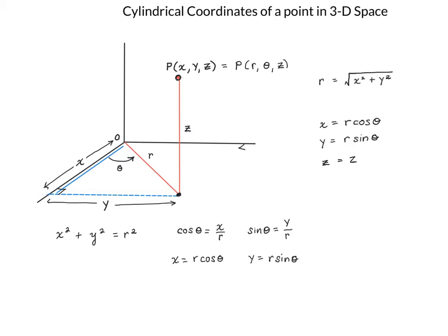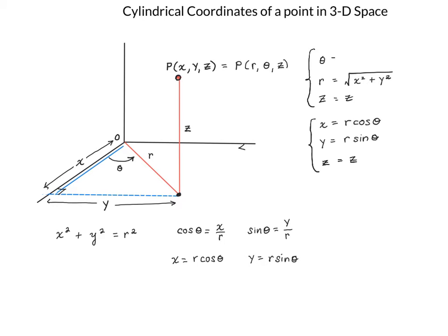And this means if we are trying to find our x, y, z coordinates using our r, theta, z cylindrical coordinates, we use these three equations. Now if we want to find our r, our theta, and our z coordinates for cylindrical coordinates, well, we know that z is just equal to z from the x, y, z coordinates. And we know that r is the square root of x squared plus y squared.